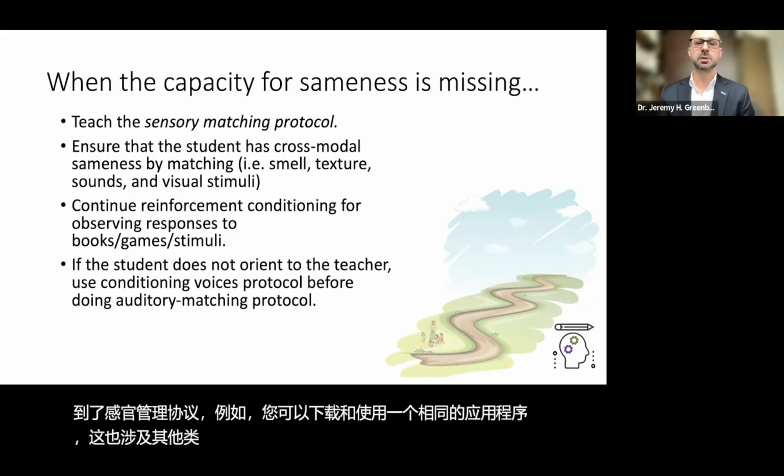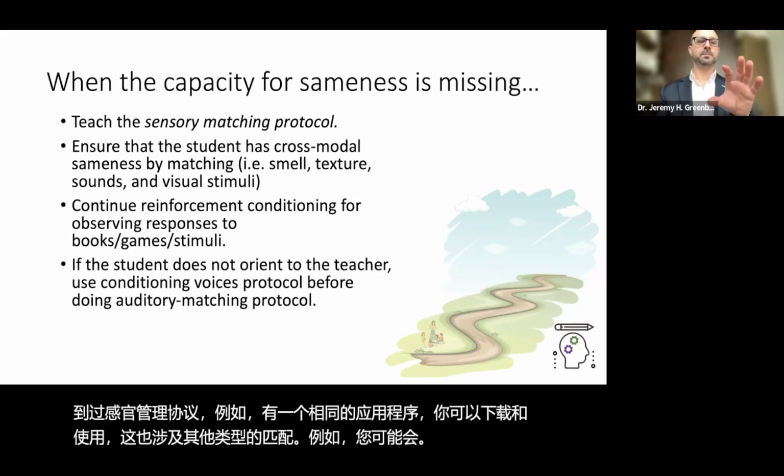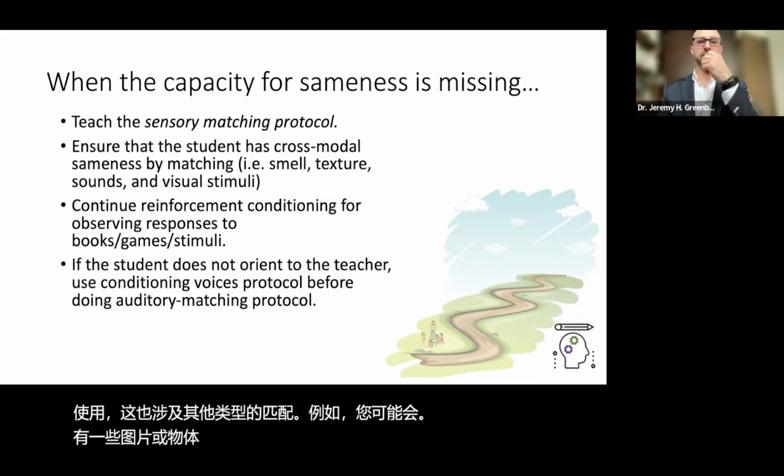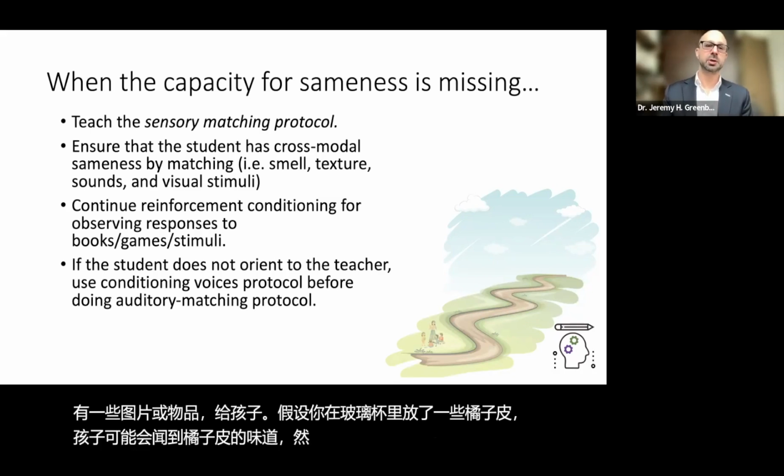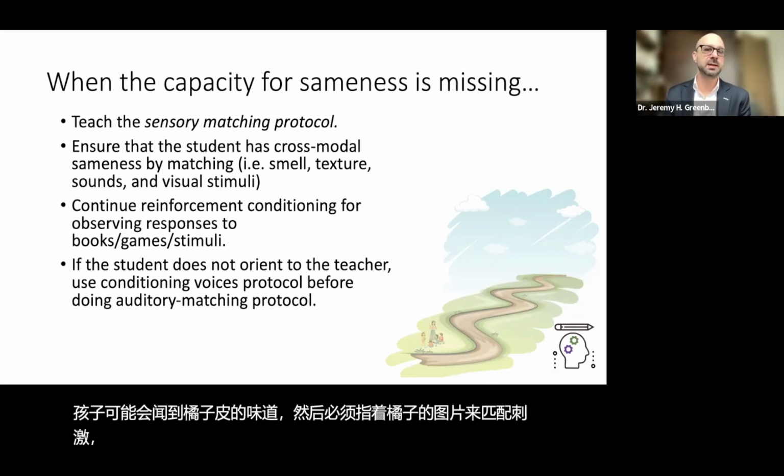For example, you might have some pictures or objects and give a child an orange peel in a glass, and the child might smell the orange peel and then have to point to the picture of the orange to match across stimuli. And this is a same-to-same activity, which helps with auditory matching as well.